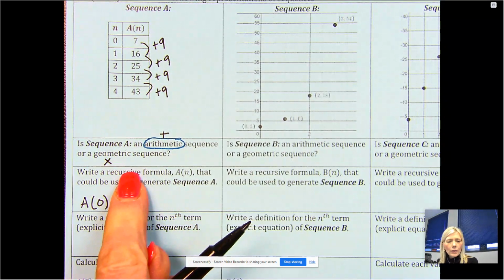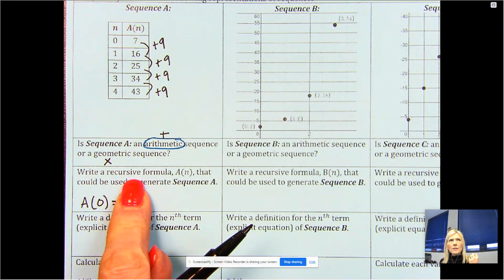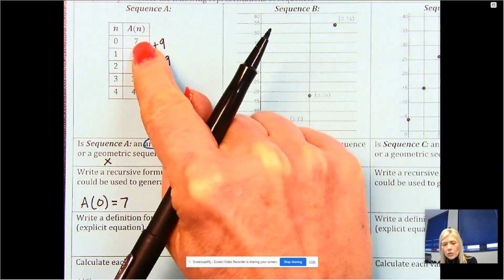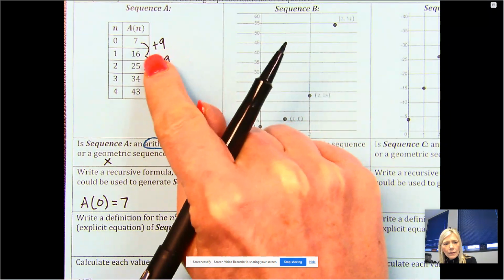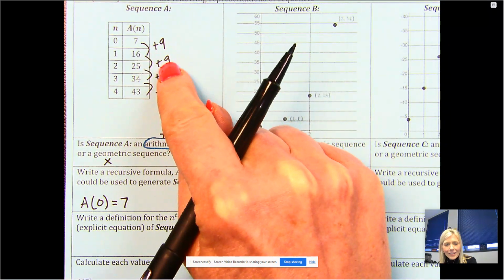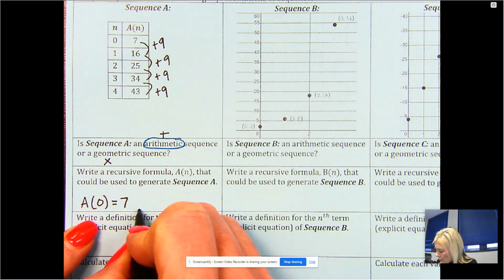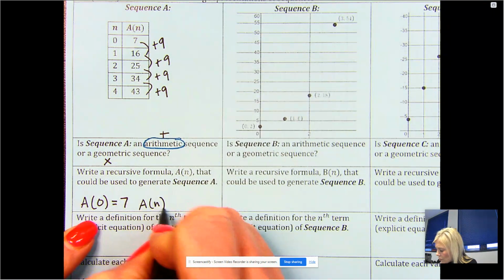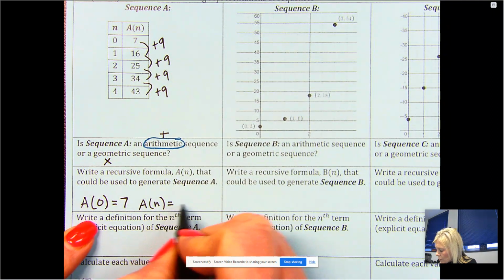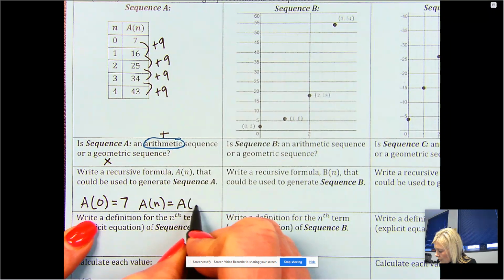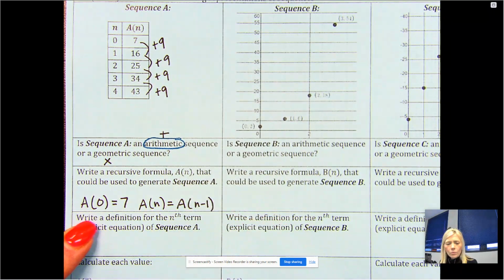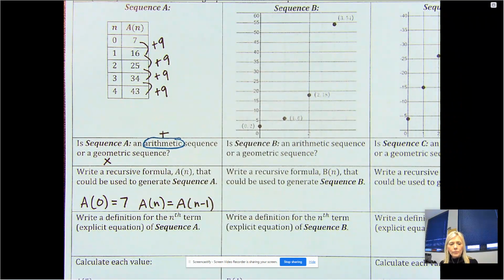The next part of a recursive formula tells us what you do to each term to get the next term. I take this term, I add 9, I get this term, I add 9. That's the second part. The way we write that in function notation is a of n, for any term in general, is equal to a of n minus 1, which means the term before it.